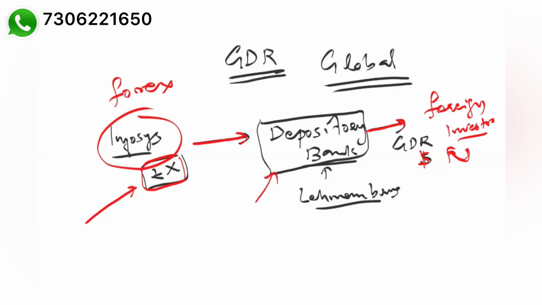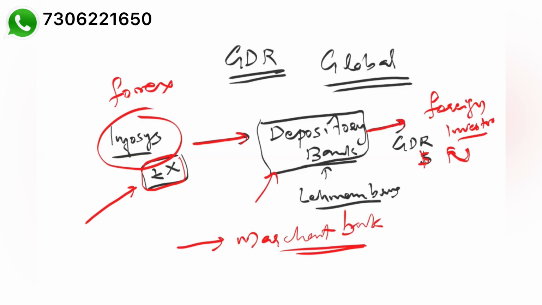See guys, it's the same as issuing an IPO in India. Instead of a depository bank, you have to approach a merchant bank. In India, the IPO is managed by a merchant bank, but in the USA it is done by depository banks. That's the only difference.